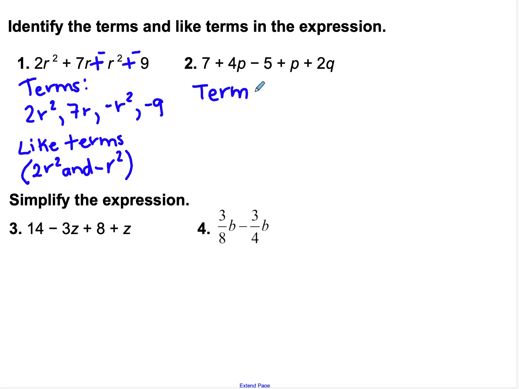I have my terms. I'm going to do boom, boom, make that a plus negative 5. I'm going to make sure I remember to put the negative when I list that number 5. 7, 4p, negative 5, p, 2q. All right, and then my like terms.